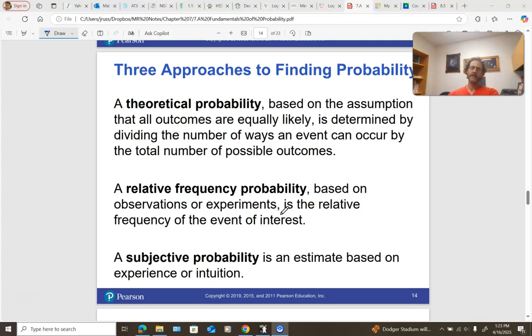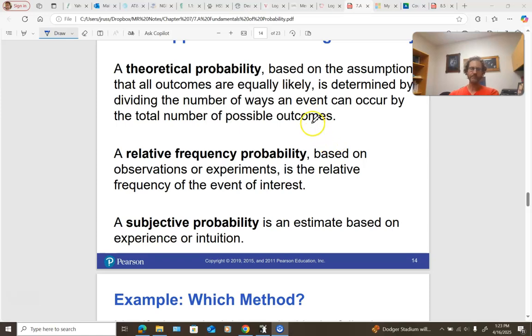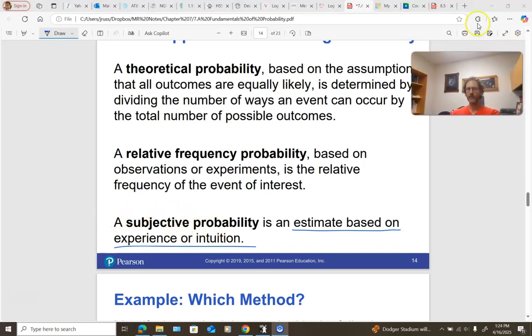Okay, and then there's this last one, and this one is not really mathematical. Subjective probability. It's an estimate on the likelihood of an event occurring or not occurring based on experience or intuition. So subjective probability is something we use all the time, usually based on our experience in life and having lived.